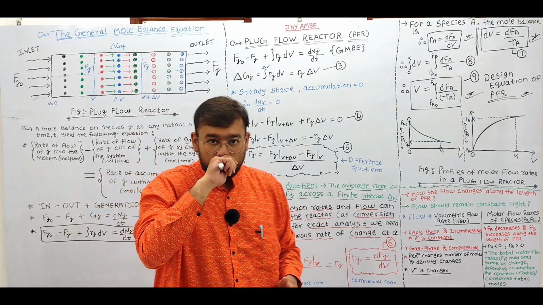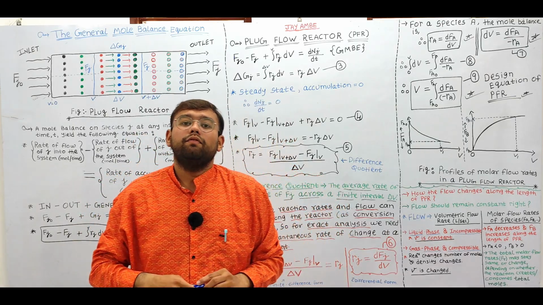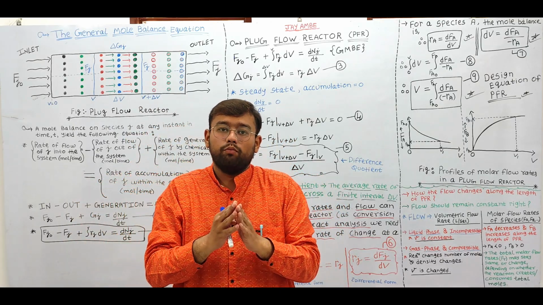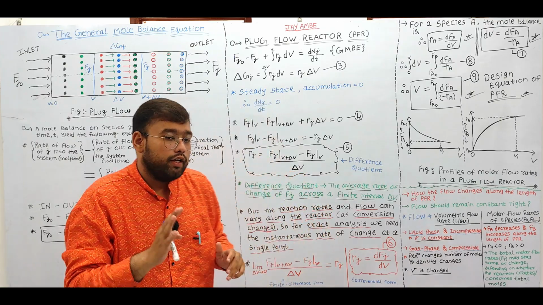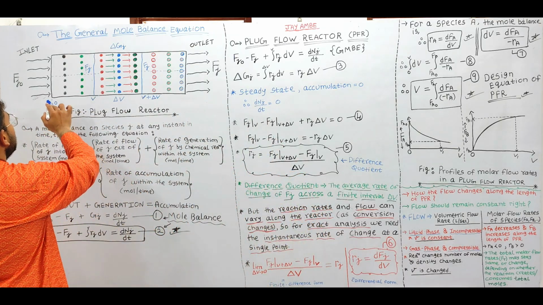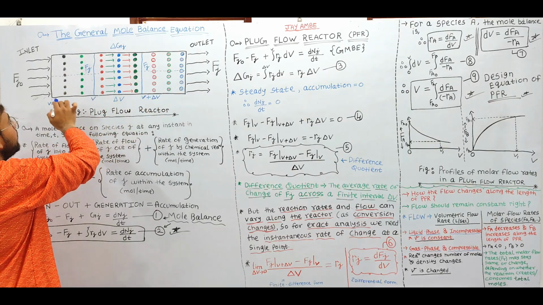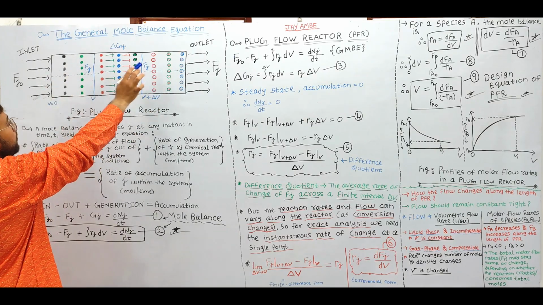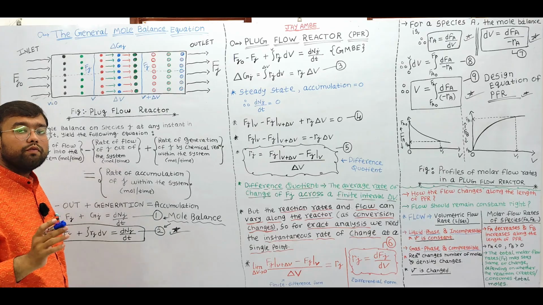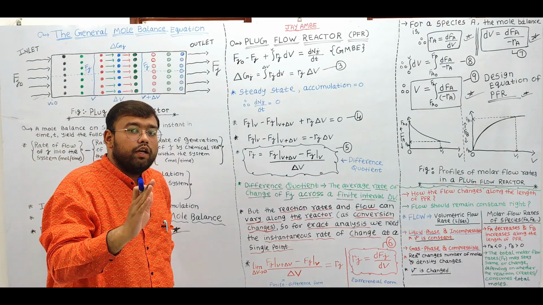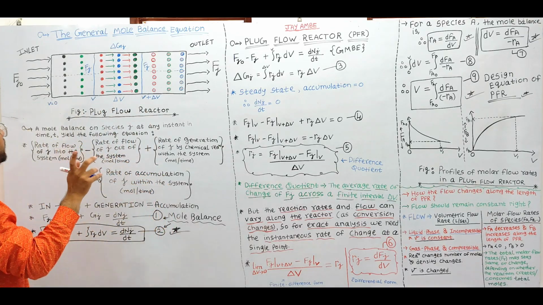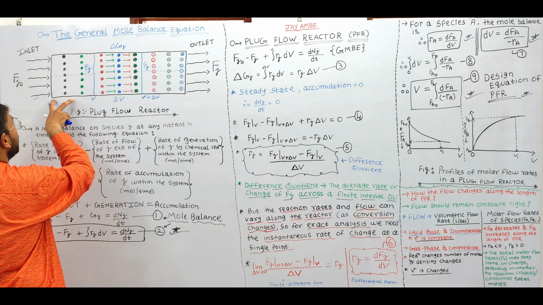Let me make you understand in a very simple way. For example, if we have a reactor volume of 10 liters, so the entire reactor volume is 10 liters. Now if we divide the 10 liters into 10 parts, each individual part will have 1 liter volume.